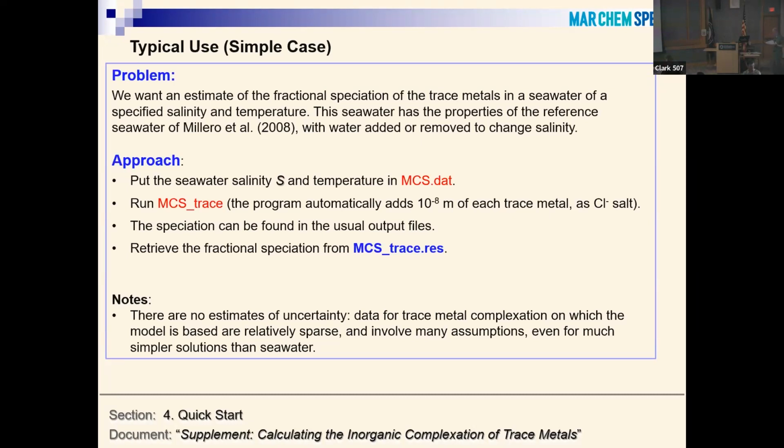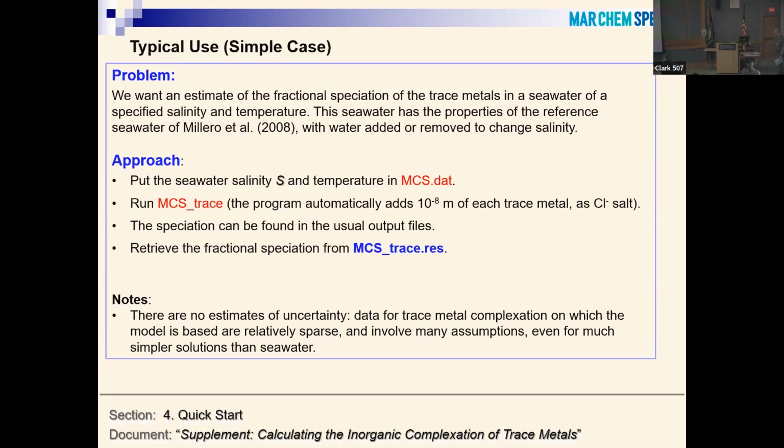There are no estimates of uncertainty for this. The major reason really is that the data for trace metal composition on which the model is based is relatively sparse, much more sparse than it is for the ions for acid-base equilibria in seawater solutions.